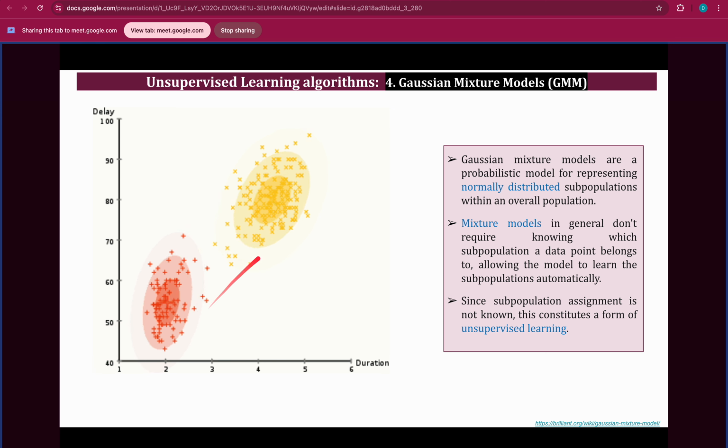In this GIF they have shown how the clusters are identified in case of Gaussian mixture models. They are taking elliptical shapes, and if you see the darker dot in the middle, if you go for k-means clustering then you won't be able to capture the outer data points, whereas with the Gaussian mixture model you are better able to change the shape of your cluster, including elliptical ones. So the data points lying far from the center can also be captured.